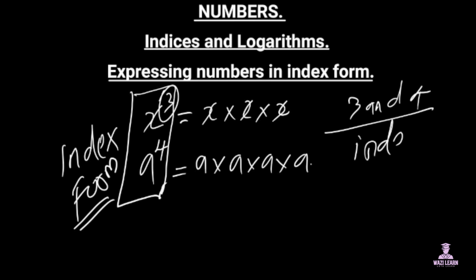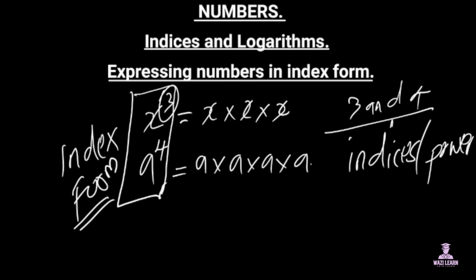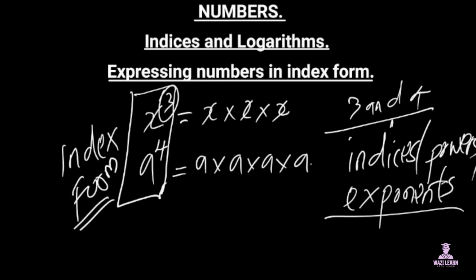We can say that 3 and 4 are our indices, or we can say powers, or sometimes they are called exponents. So in this case, 3 and 4 are our indices.